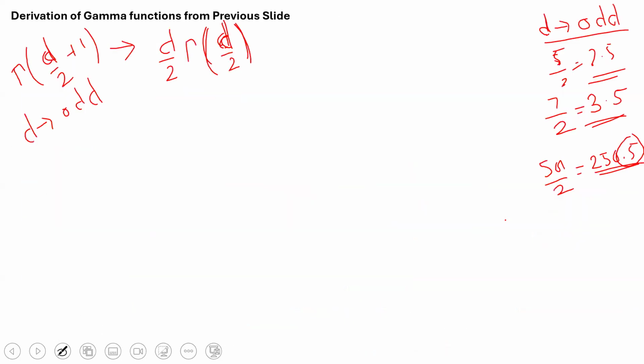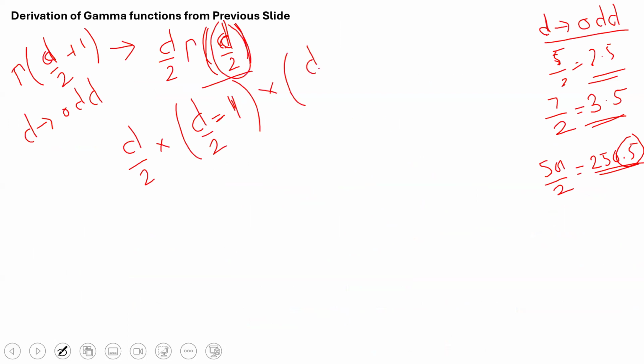I'll use the same technique here. How can I write this? d by 2 into (d minus 1) by 2, into (d minus 3) by 2, taking minus 1 each time and multiplying, and so on up to root pi.